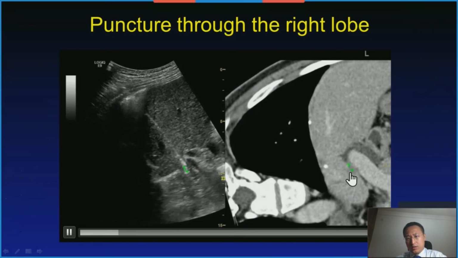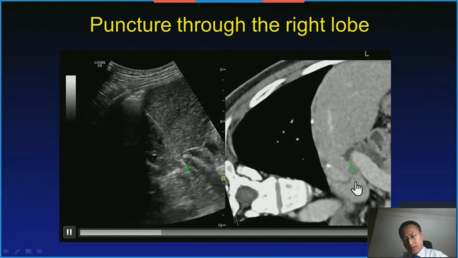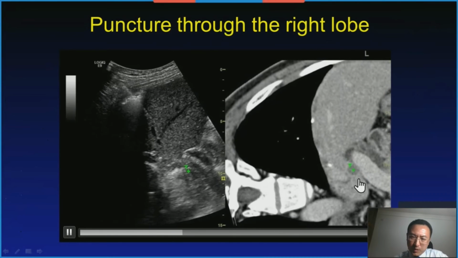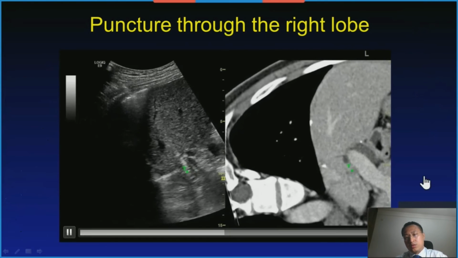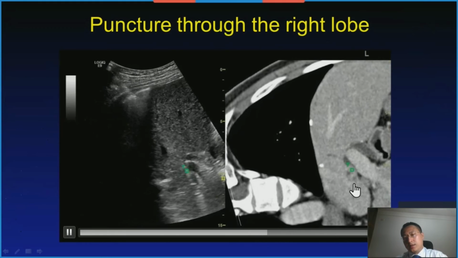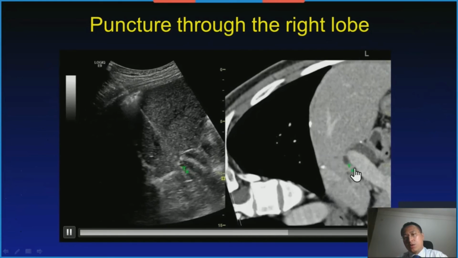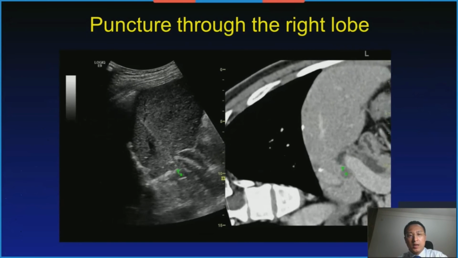Because this lesion is small, mainly in the pericaval portion, our plan is not to ablate the whole caudate lobe. We plan to ablate the pericaval portion and the caudate process.